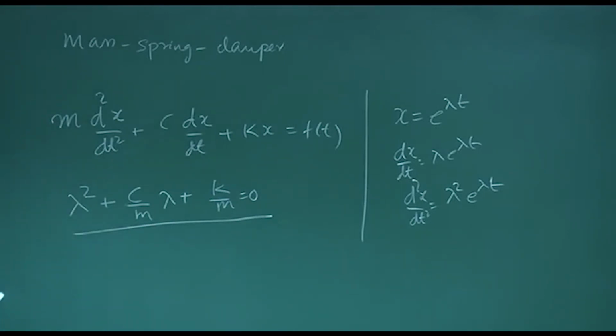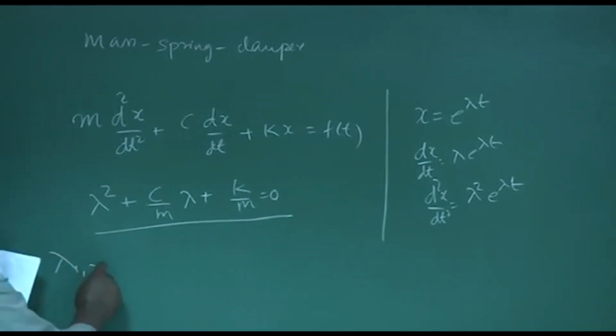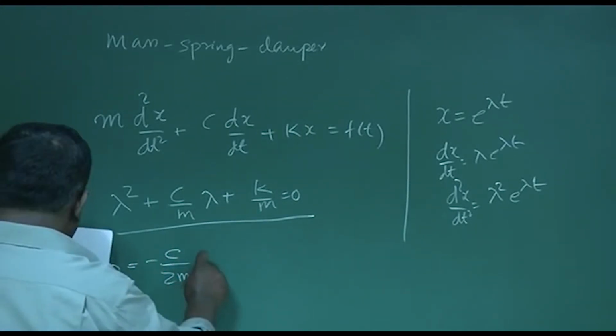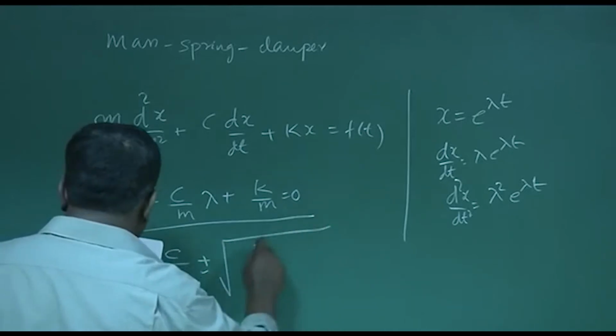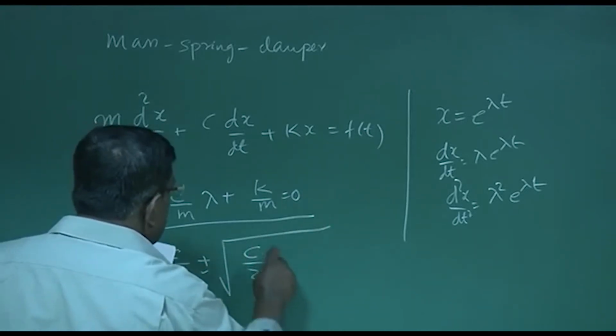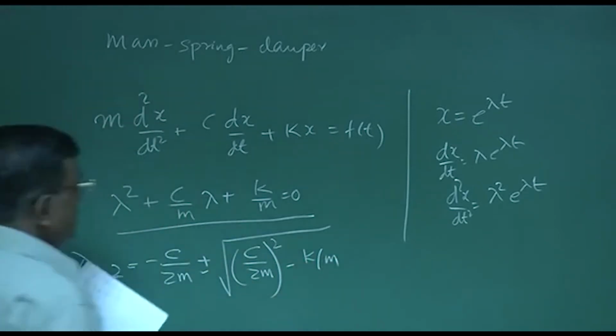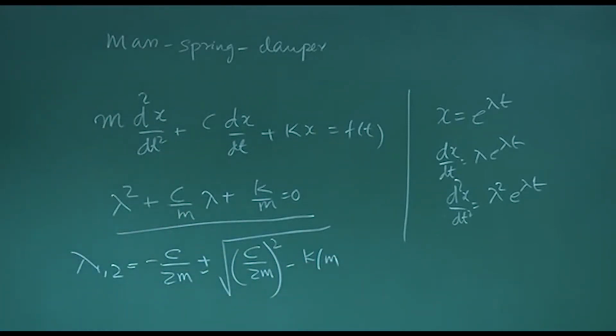Then by solving this quadratic equation, you can write lambda equal to minus c by 2m plus or minus under root of (c by 2m) square minus k by m. I am sure you are familiar with this; you have done it in some part of the course.